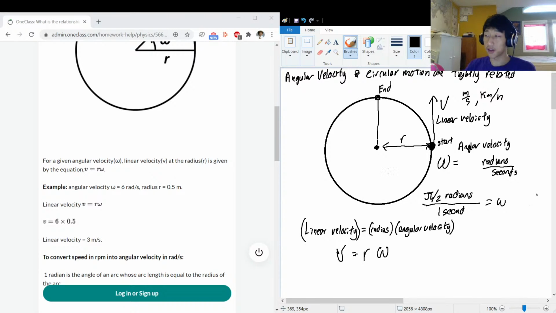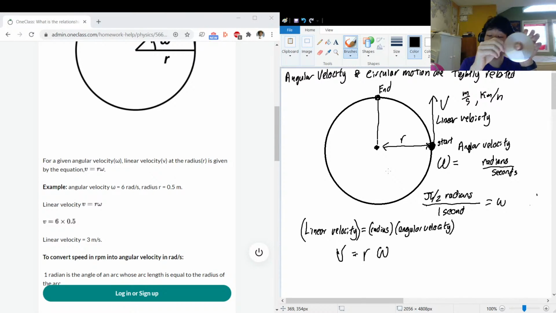If you have a small circle, maybe the size of a CD, to get around this entire loop, the whole 2 pi radians around, if you did that in 1 second, that would be 2 pi radians per second. Your linear velocity is going to be something.